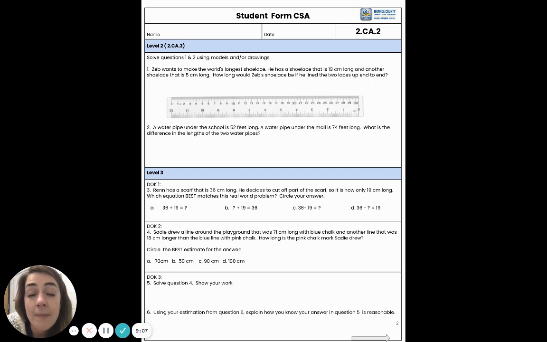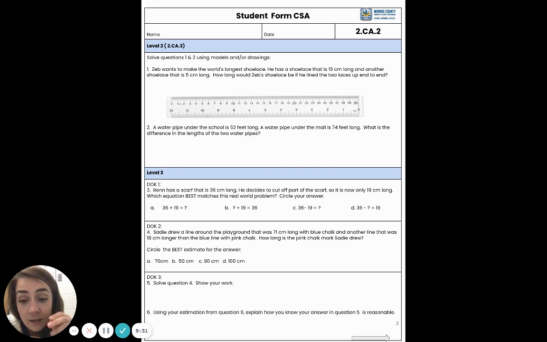Sadie drew a line around the playground. So automatically I'm thinking about what that might look like. There's a girl named Sadie. I see a playground in my head. I see her with blue chalk, and she's going out there and she's making a line that is 71 centimeters long. Now she's taken another chalk and she's drawing another line.